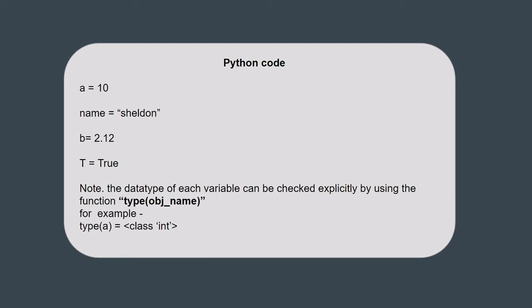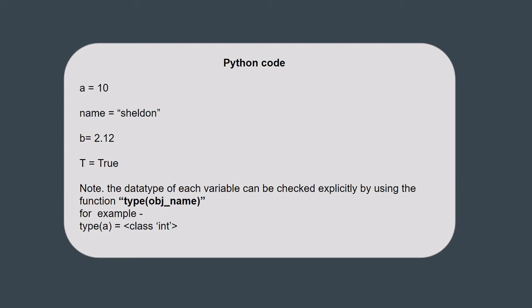You do not have to explicitly declare integer type int. You straight away assign 10 to a. In the second line, I have assigned a string type value to a variable name. Here I have enclosed the value of the string within double quotes. You have to enclose the value of a string either within double quotes or single quotes in Python.